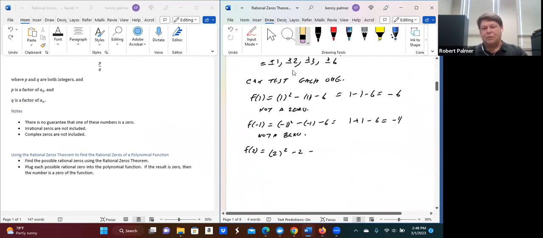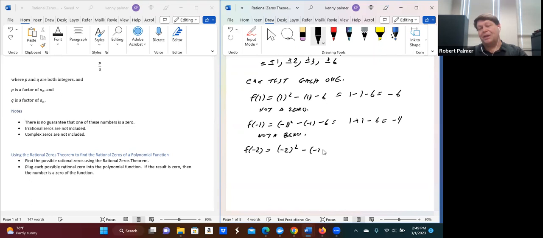Yeah, let's actually do -2, so I don't have to spend too much time on this. This one will be 0. So -2 squared minus -2 minus 6. It turns out this one will be a 0. And so it's going to be +4 plus 2 minus 6, which is 0. So x equals -2 is a 0.